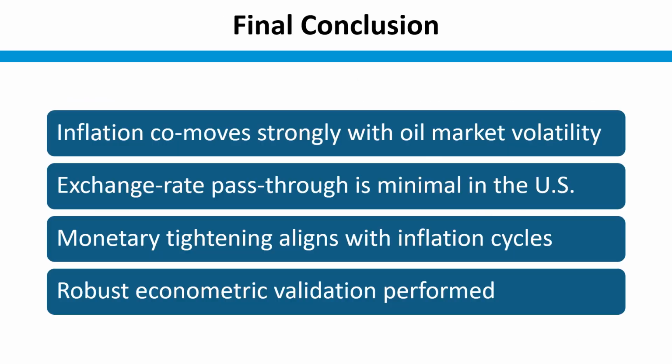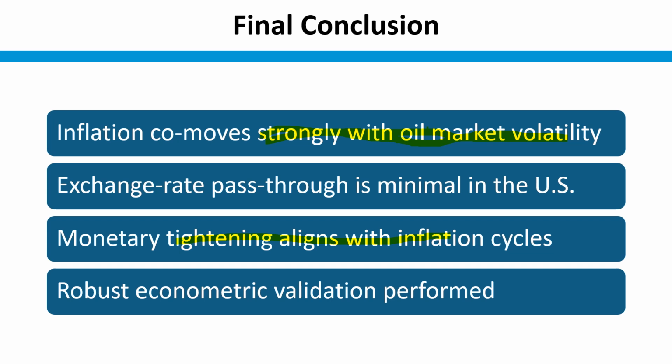Now, to finally conclude, as we discussed and our stats proved, our regression model proved that inflation is co-moving strongly with oil market volatility. Our hypothesis stands valid. Oil has the strongest relationship with inflation. Exchange rate pass-through is minimal, and monetary tightening aligns with the inflation cycle, maybe as a response.